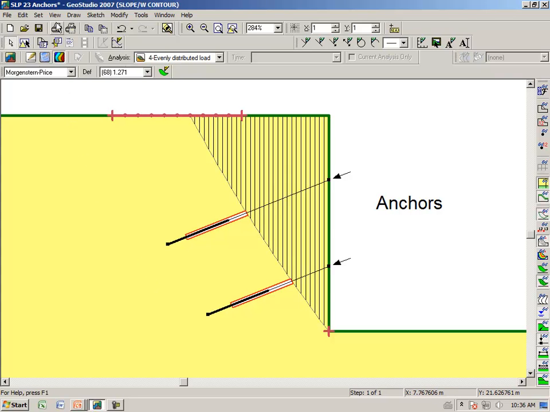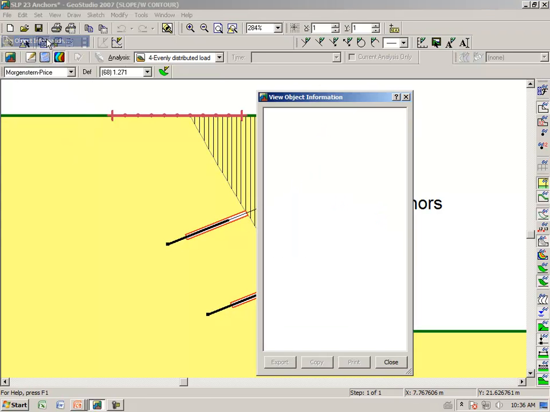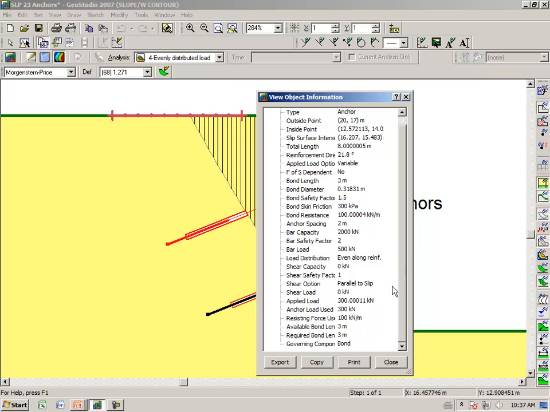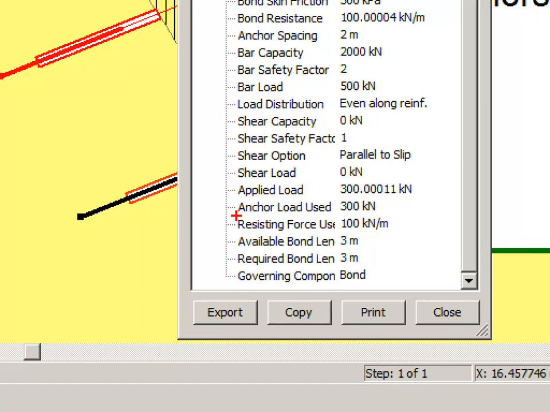If we go to, in the results view object, and we click on the anchor, then once again here you can see the total. In the slice information we don't see the total. Here once again you can see and verify that it has used the total 300.